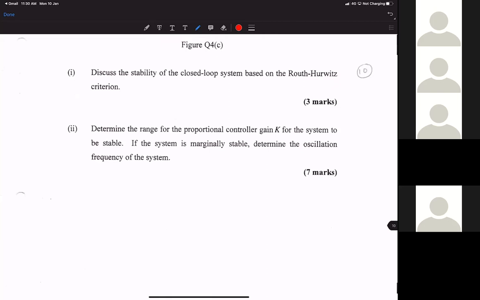If the system is marginally stable, determine the oscillation frequency of the system.